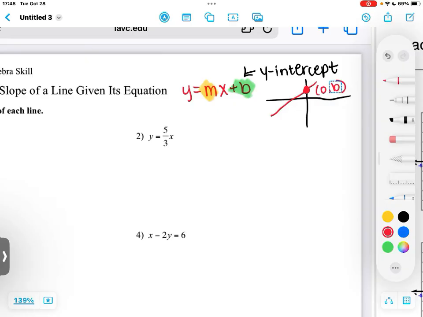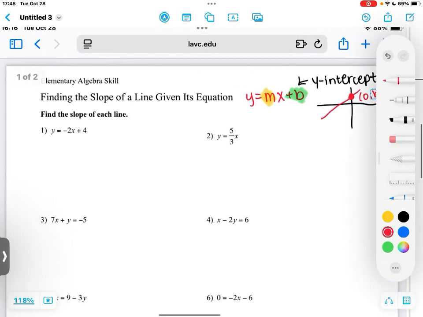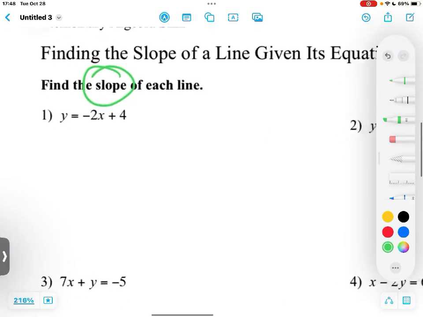Keep in mind, though, especially for this one, we aren't asked to find your y-intercept. We're asked to only find the slope. So as long as we have it in y equals mx plus b form, we are always looking at that number in front of your x, which we count as being your m.